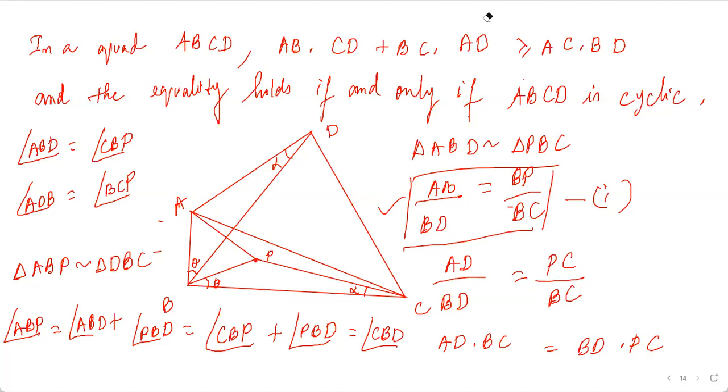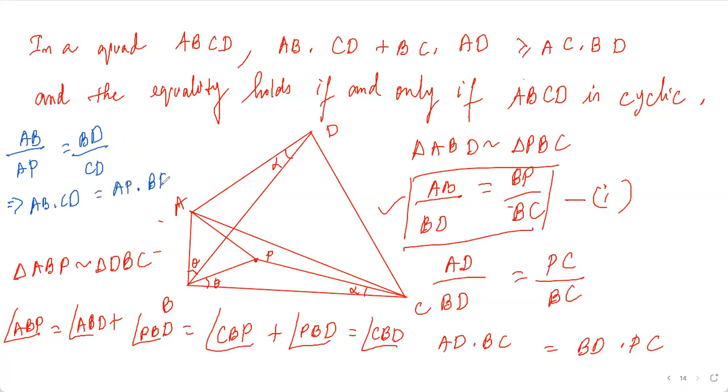And from there what I get is AB over AP is equal to BD over CD. And so AB times CD is equal to AP times BD.